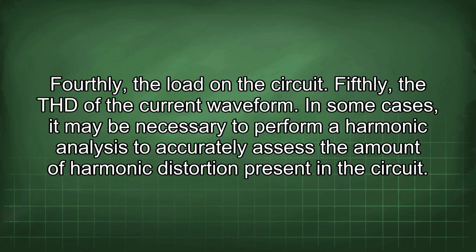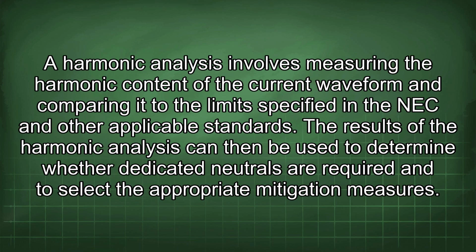In some cases, it may be necessary to perform a harmonic analysis to accurately assess the amount of harmonic distortion present in the circuit. A harmonic analysis involves measuring the harmonic content of the current waveform and comparing it to the limits specified in the NEC and other applicable standards.